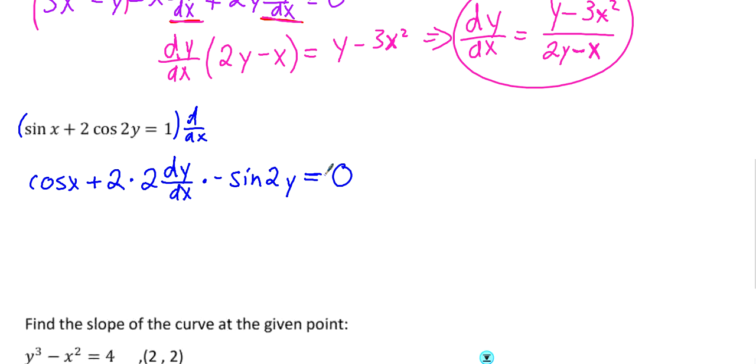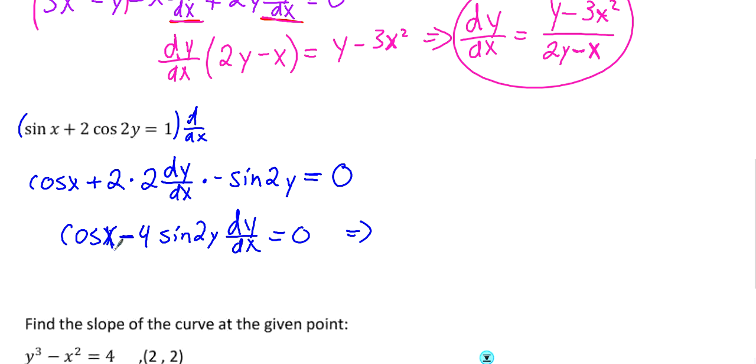Now we should simplify this a little bit first. So we get cosine x, and then you have 2 times negative sine 2y, so it's negative 4 sine 2y dy over dx equals 0. Since this is negative, I'll move that one to the other side.